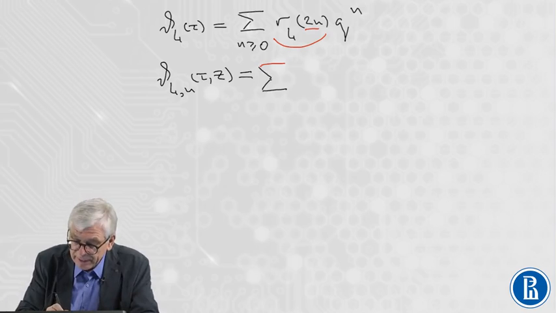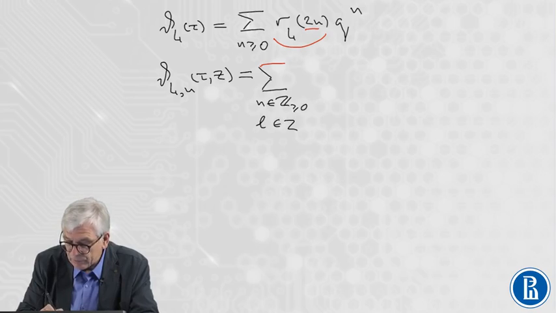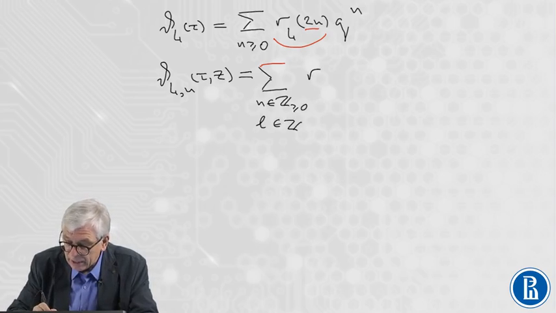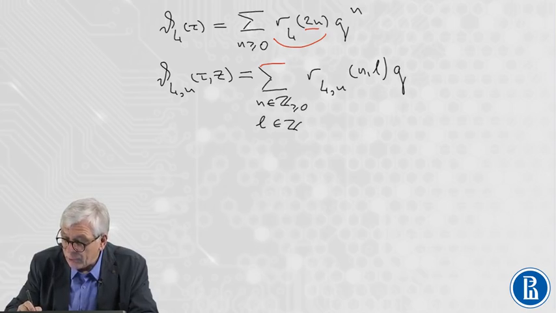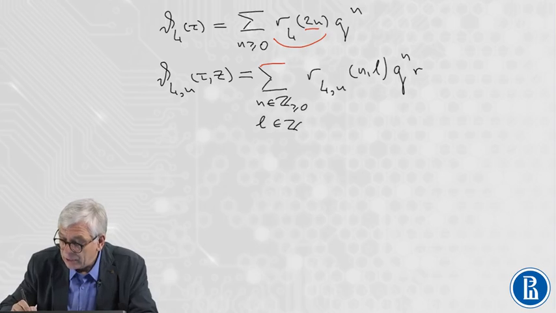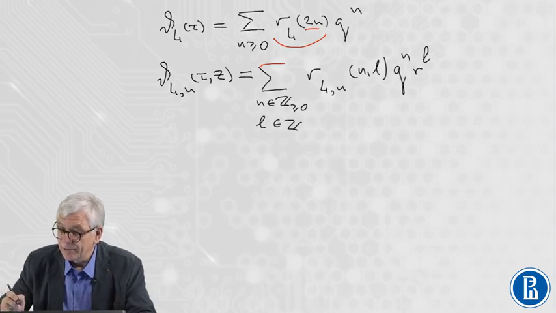The sum is taken over all n and l in Z, R_{L,U}(n, l) q to the power n, r to the power l.